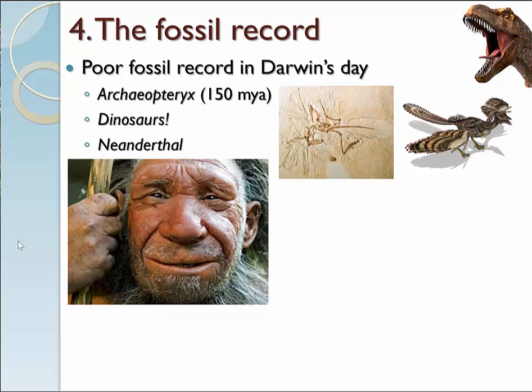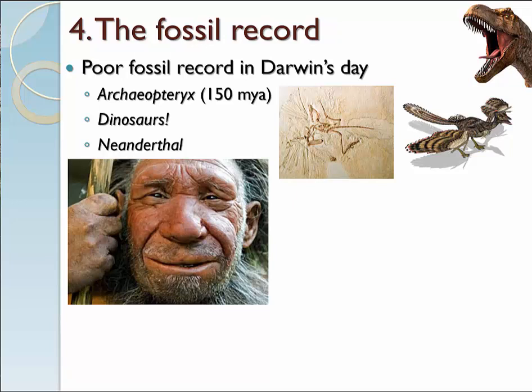And this is an artist's conception. Obviously, it's not a real Neanderthal. But many in Darwin's day took this fossil to be a missing link between humans and apes. And Darwin was a lot more cautious, and rightfully so, because it turns out that this is not an ancestor of humans, but rather a cousin of humans.